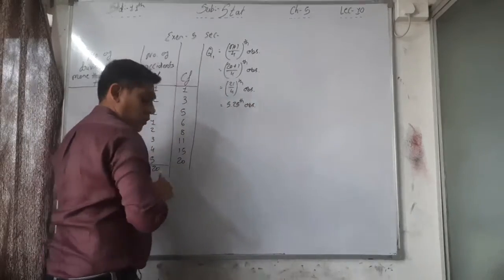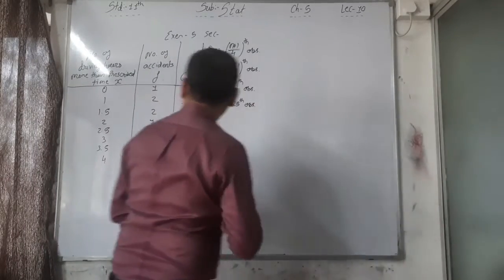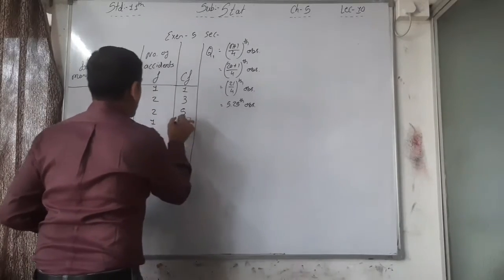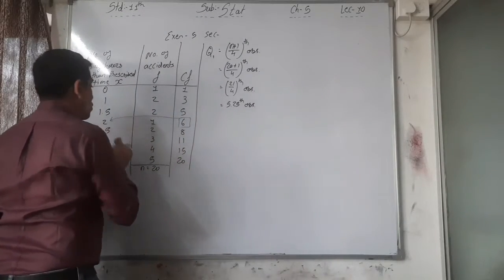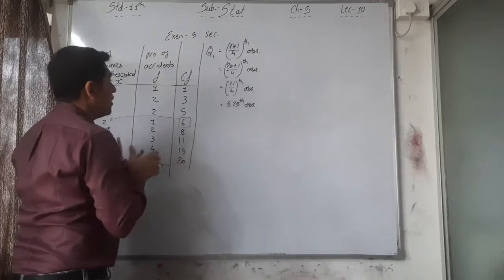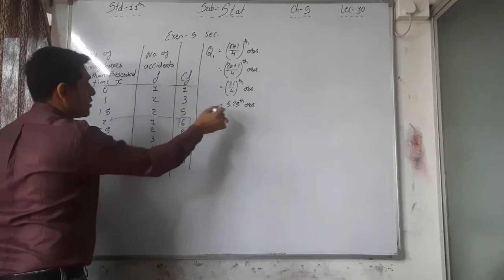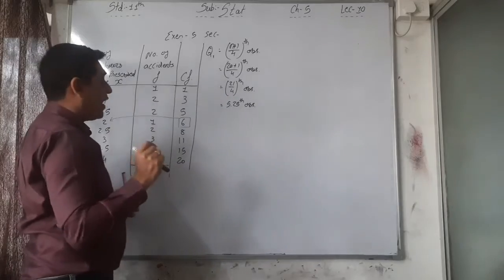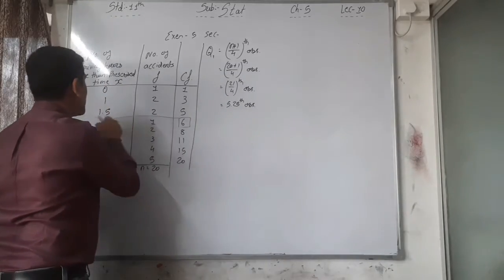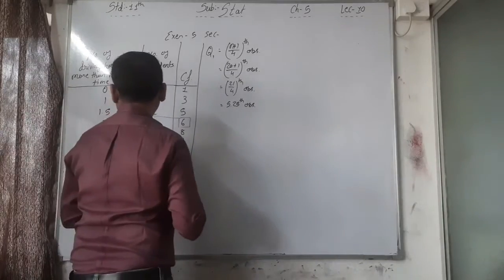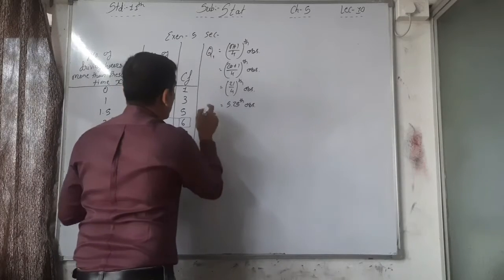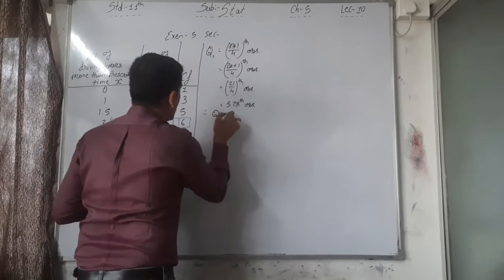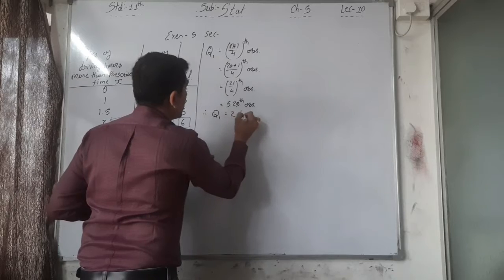See here, the corresponding observation is 2, because in the cumulative frequency, 6 is there. 5.25 lies between 5 and 6. That's why the corresponding observation, that is Q1, is equal to 2 hours.